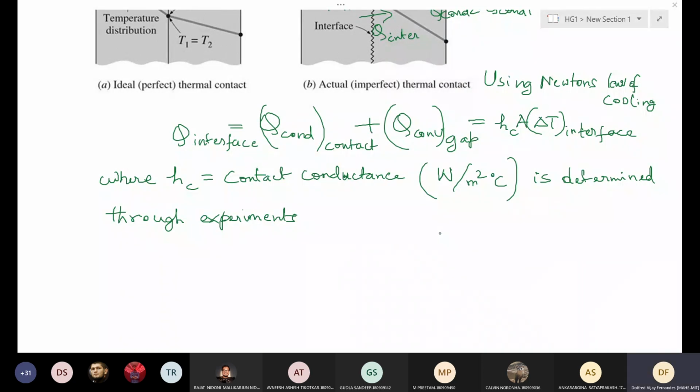Here we are putting the conduction and convection in the gap, and conduction in the contact region, together and expressing them using Newton's law of cooling, h_c A delta T. So instead of Newton's law of cooling, can't we use Fourier's law?